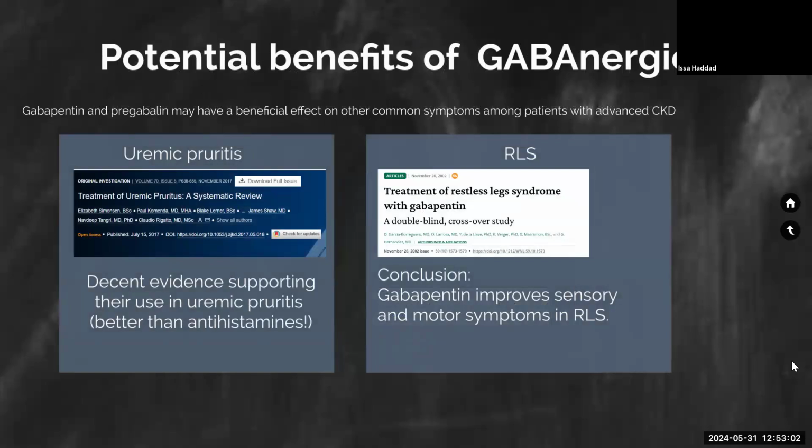Well, talking about the good part about gabapentinoids, they actually may have a beneficial effect in some common symptoms that our patients have, which are uremic pruritus. So there was some decent evidence supporting their use in uremic pruritus, and in restless leg syndrome, which many of our CKD patients and end-stage renal disease patients have.